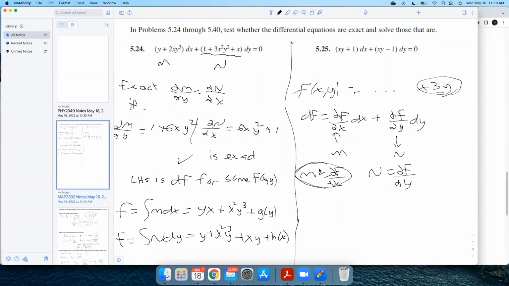It won't show up there because that thing doesn't depend on x. So if there's anything in the formula that only has y's in it, it won't show up in m. Similarly, if there's anything in here that only has x's in it, say an x squared over 5, that won't show up in n. These are the guys we have to try to find.